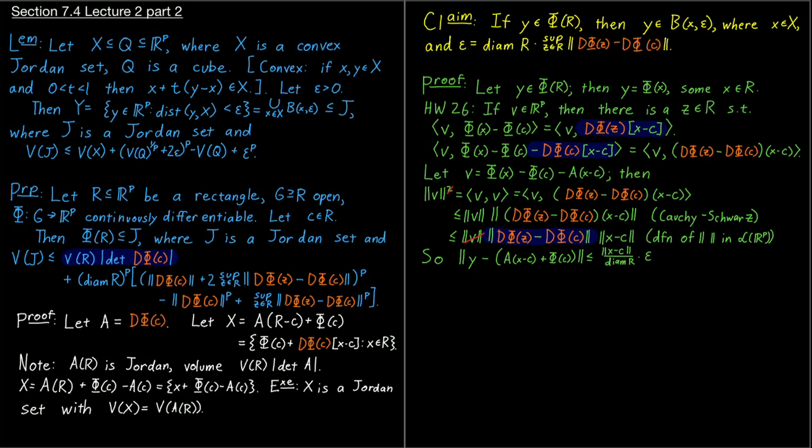And then X and C are both in R, so the distance between them is less than the diameter of R, so this is less than epsilon.